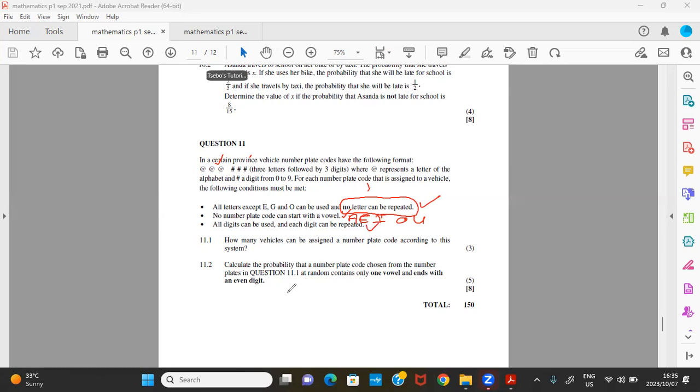Okay, that's nice. Now we have read our conditions. We can go to the questions now. Now they say 11.1. How many vehicles can be assigned a number plate code according to this system? So meaning according to the restrictions that we were given. Yeah?